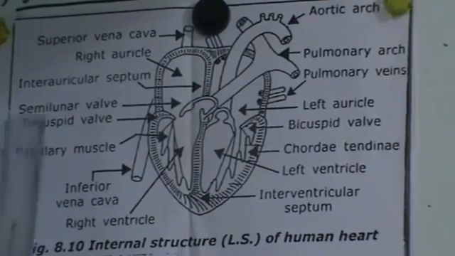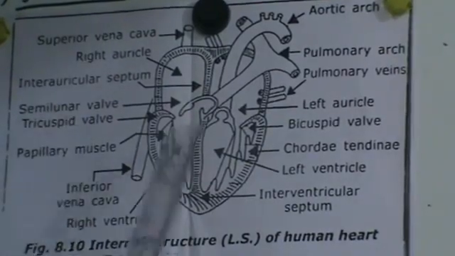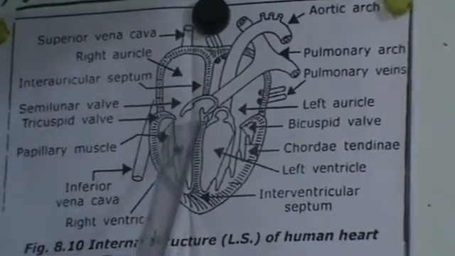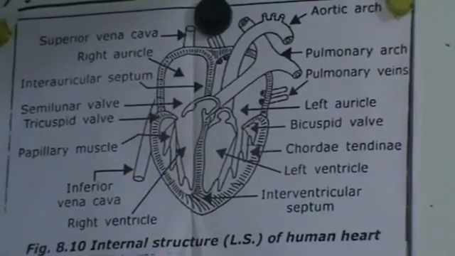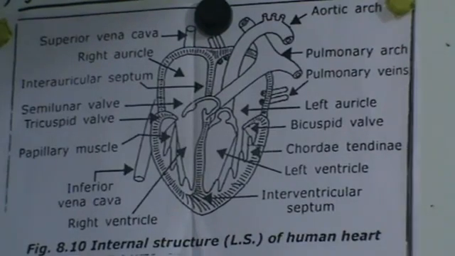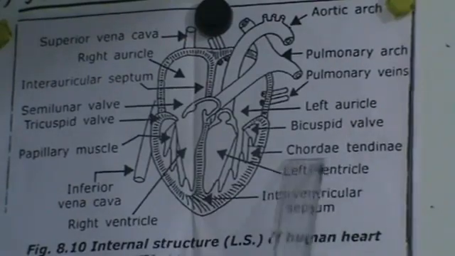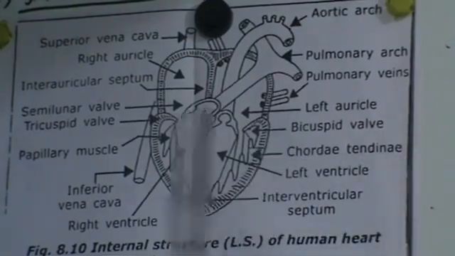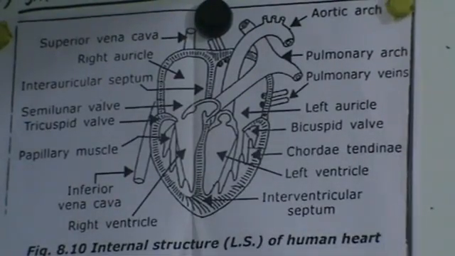I don't think the papillary muscles are shown. Here are the papillary muscles. These are those papillary muscles to which the bi and the tricuspid valves are connected. So the tri and the bicuspid valves are connected to the papillary muscles of the ventricles by means of a muscular cord called chordae tendineae. Here is your cord that connects the valves to the ventricles, right?